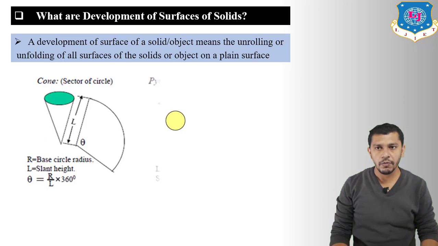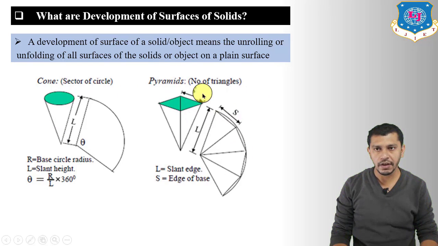Now let us see the development of this pyramid. Here we have taken the square pyramid, and in the case of the cone and pyramid the development will be radial. The development of the square pyramid will be a number of triangles attached at the same point. Right now we have 4 triangles which have a side length equal to L and a base length equal to S, where S is the base edge length of the square pyramid.